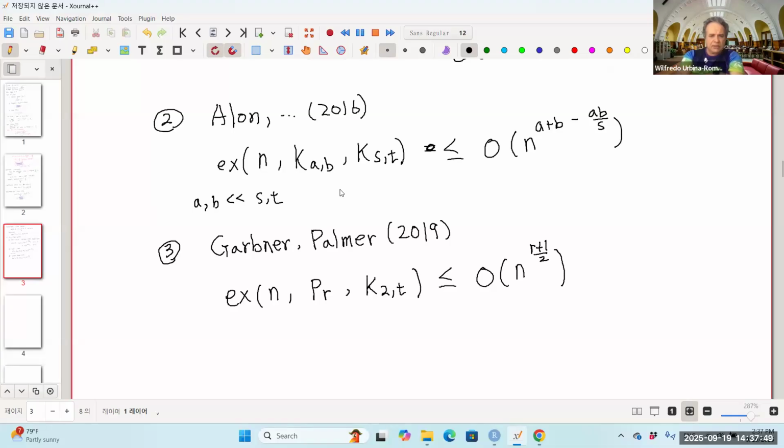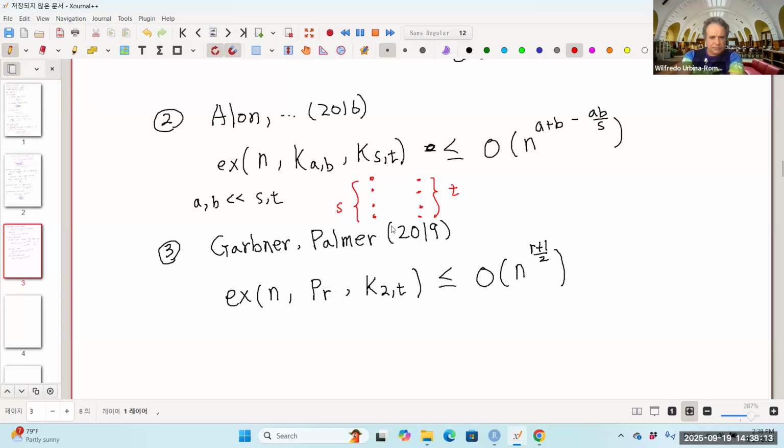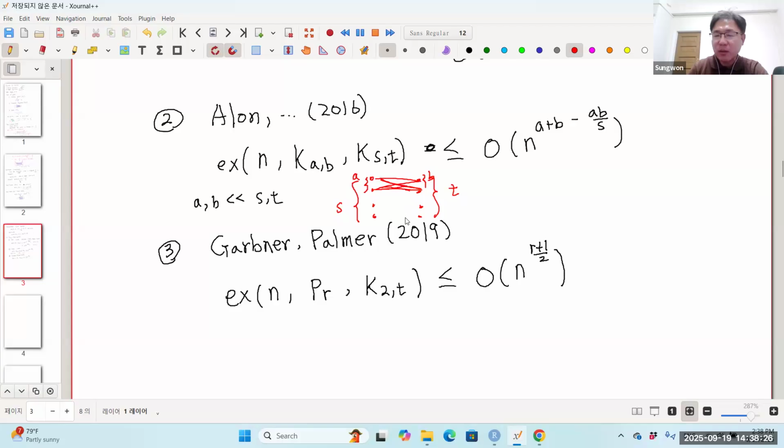But if S and T are bigger than A and B, that's always the case because you have fewer points in A and B. Well, so for example here, here is S and here is T. If these are forbidden, the small A and small B can be a complete bipartite graph, but these may not be connected.